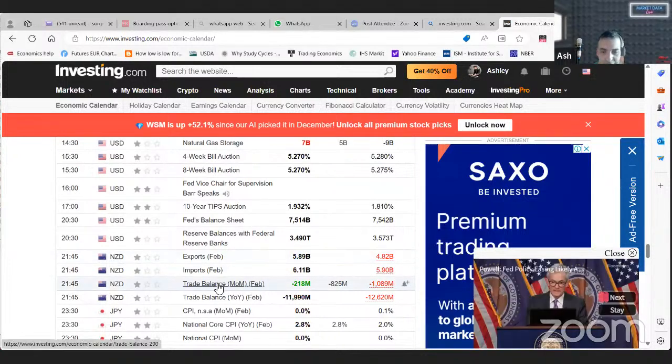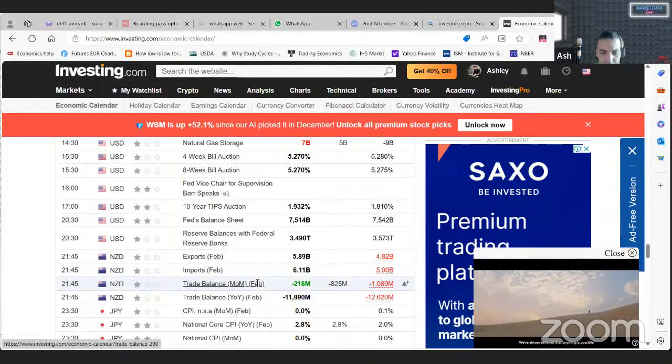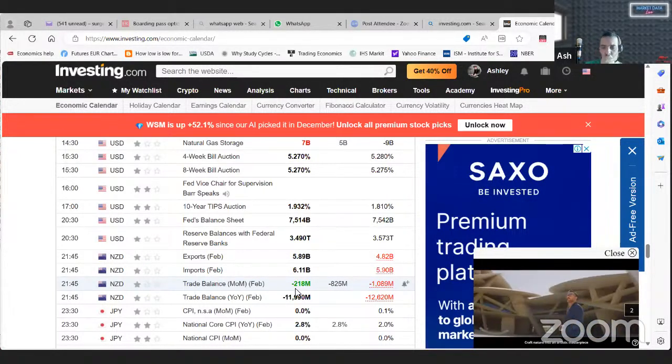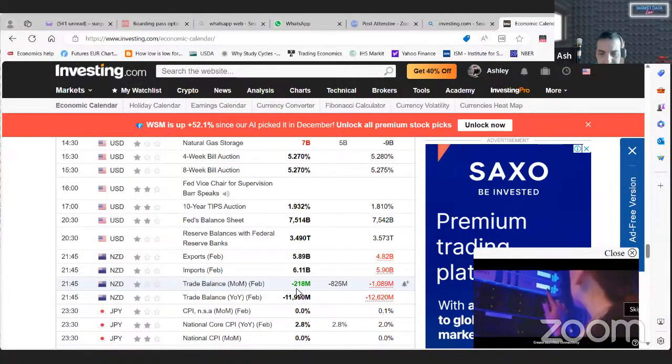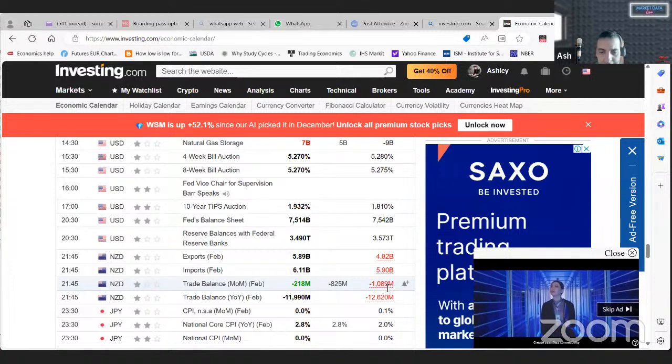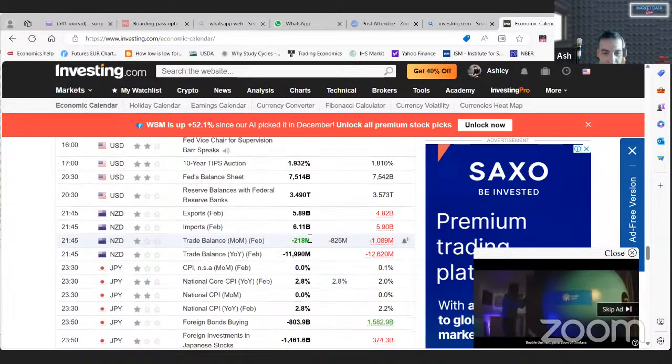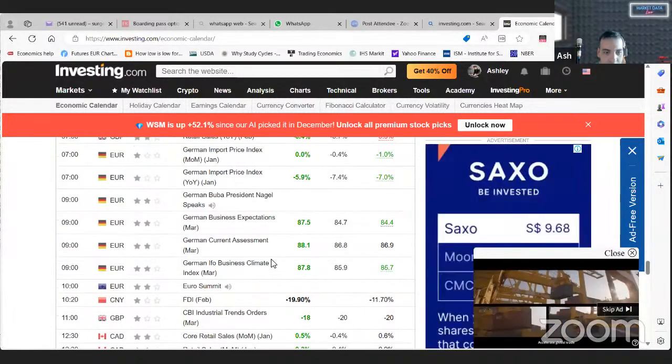Now, trade balance, I'm still looking at the Kiwi numbers here. Trade balance at negative 218 million from 1,089 million. So actually, that's not too bad. That's an improvement. And then what happened on Friday?